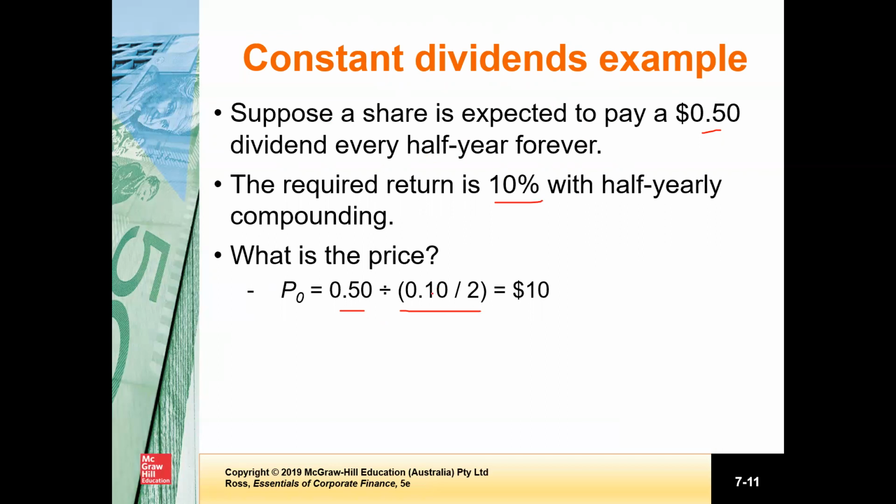You see that 10% is divided by 2 because $0.5 is a half yearly dividend. The value of this stock should be $10 in the market. So if you expect that a share is going to pay you $0.5 dividend forever, you should be willing to pay $10 to buy the share.